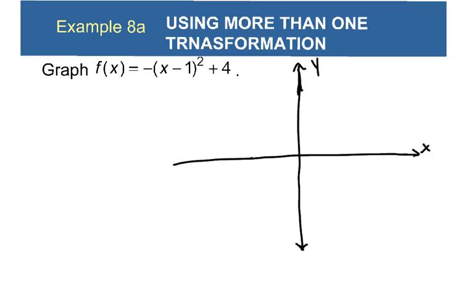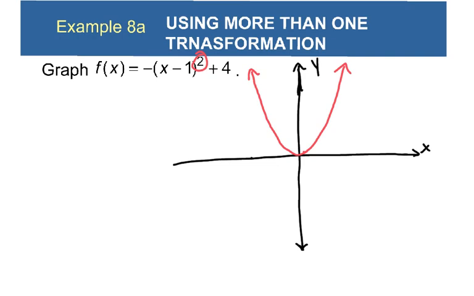But what we're going to have here is our original graph. Let's compare it to our original graph, our x squared, because right here it's a squaring function. Okay, and it is being reflected across the x-axis.